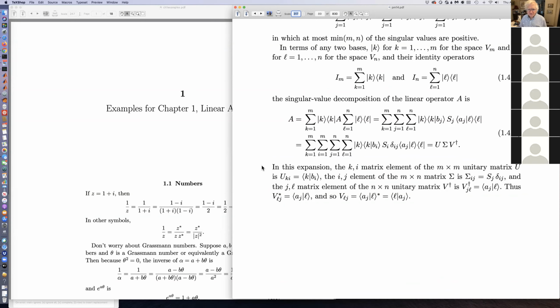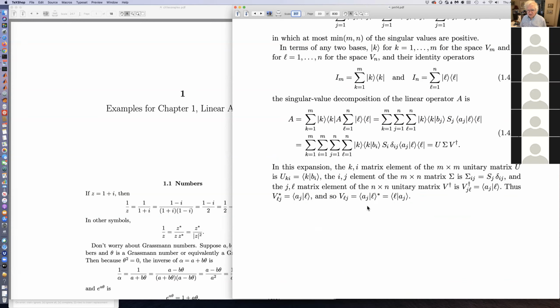And so the fact that U_ki is the inner product of K with Bi, that's kind of obvious. And this one is sort of obvious as well, that sigma_ij is Sj delta_ij. What's a little bit more puzzling is that the jl matrix element of the n by n unitary matrix V dagger is, of course, V dagger jl, that's the inner product of Aj with l. And so we have this thing is the complex conjugate of V_lj, and is equal to that.